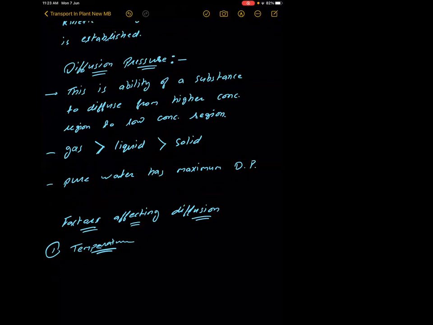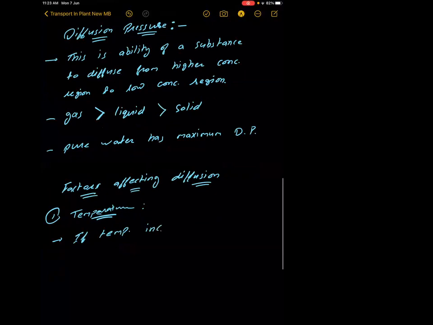If temperature increases, the rate of diffusion is high, or increases.